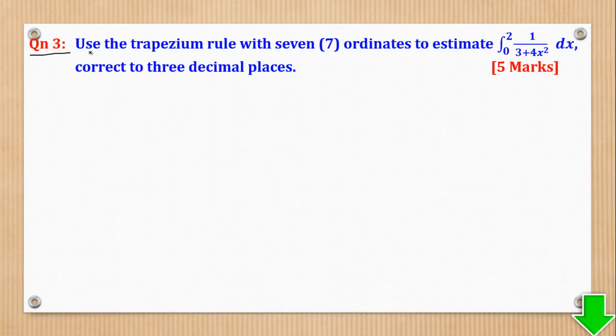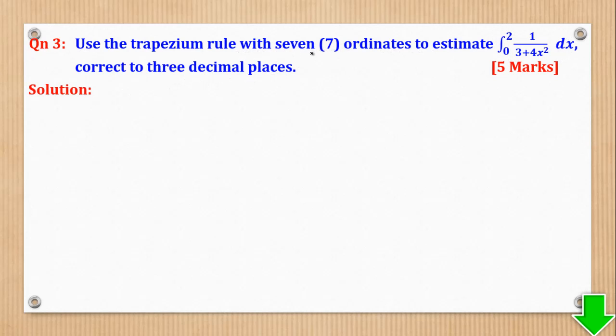Then question 3 was on numerical methods, and it came from the topic of trapezium rule. And it says, use the trapezium rule with 7 ordinates to estimate this integral correct to 3 decimal places.